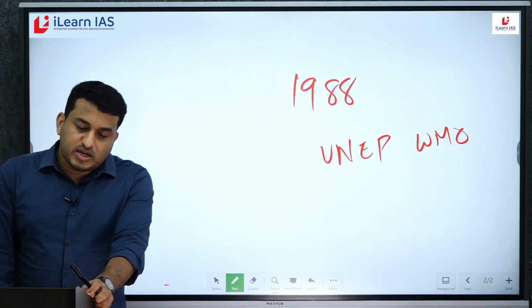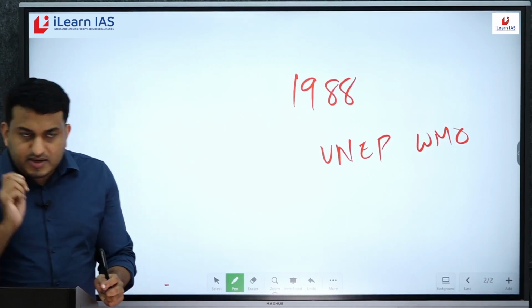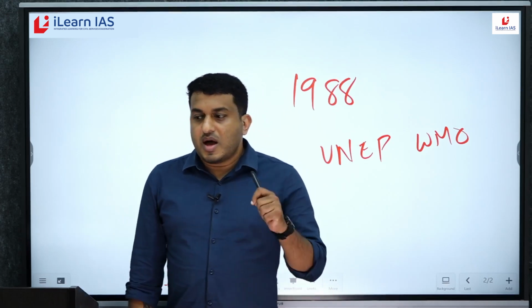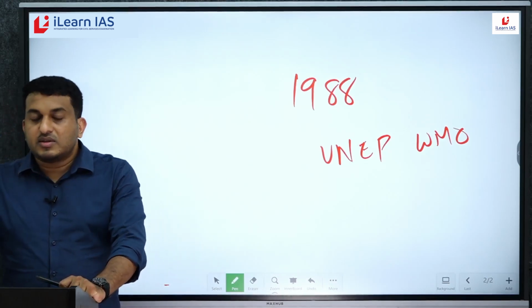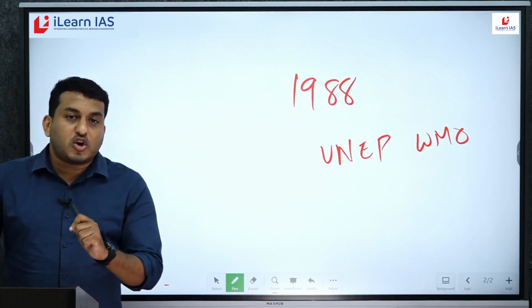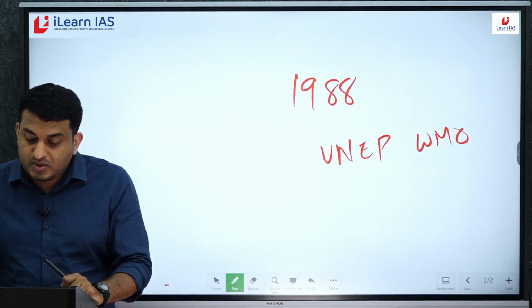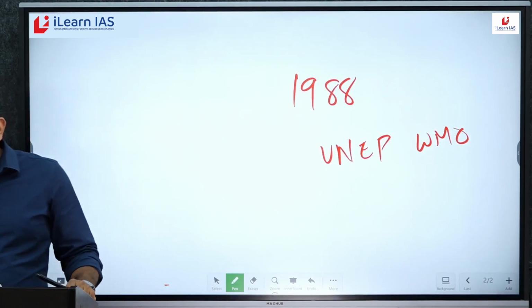Now please note one most important thing: IPCC does not carry out its own original research. Thousands of scientists and other experts contribute to IPCC on a voluntary basis, right? So it does not have its own research wing.